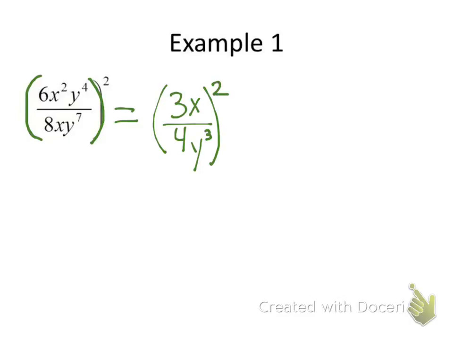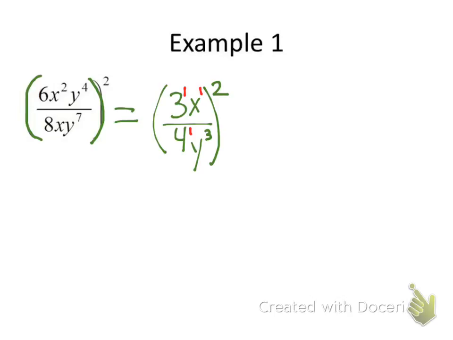But that is being squared. So now we want to go through and take care of this exponent on the outside of the parentheses. So we simplified the parentheses first, just like we did in the warm-up. And then we're going to square that expression. So when we're squaring something, we want to give everything an exponent. The 3 didn't have an exponent, the x didn't have an exponent, neither did the 4.